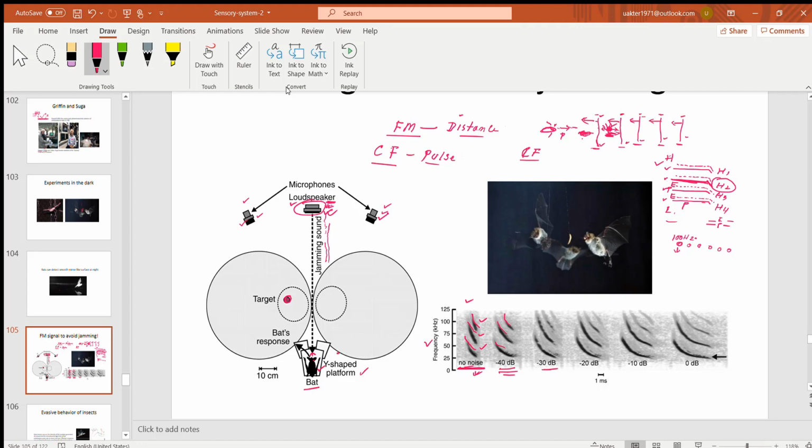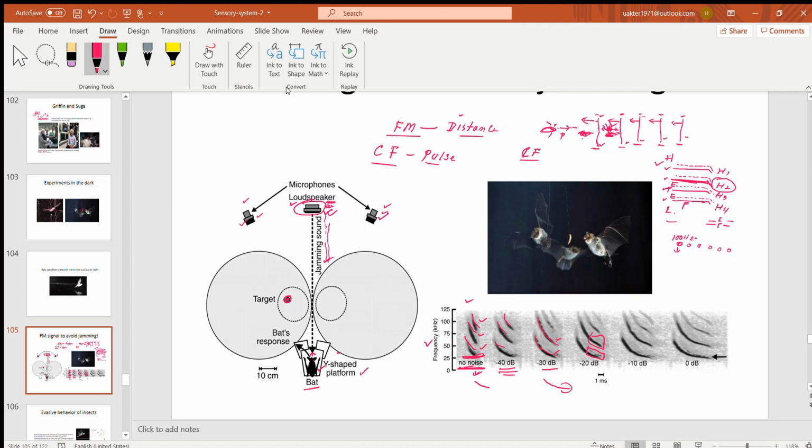So when you start to present that noise, you see the bats use a strategy by expanding the tail part of FM bands. So you see the tail part, last part is extended. If you compare with this, these are short, and this one is much longer, right?